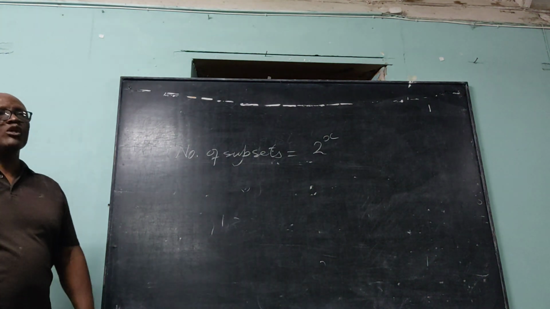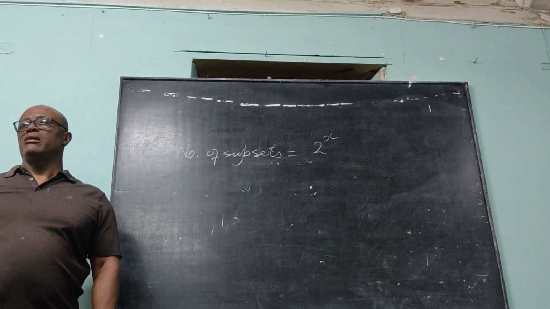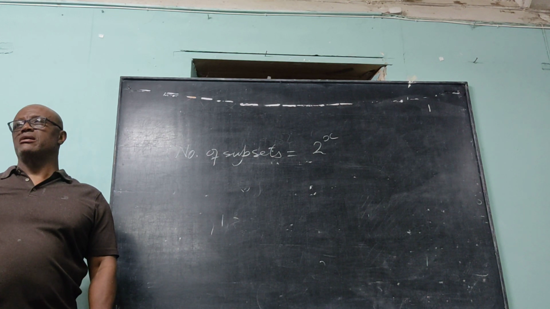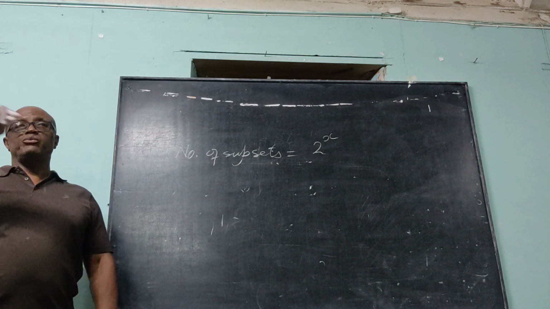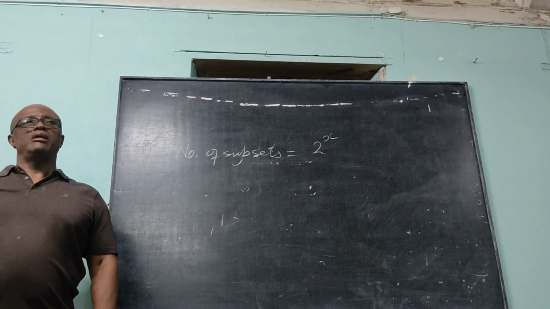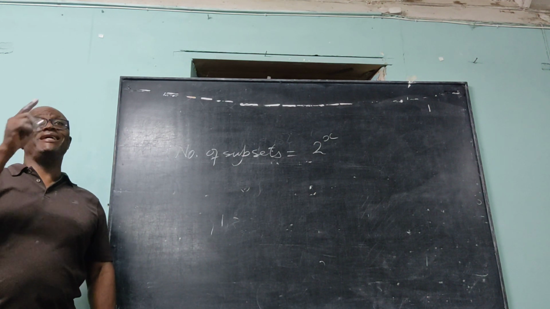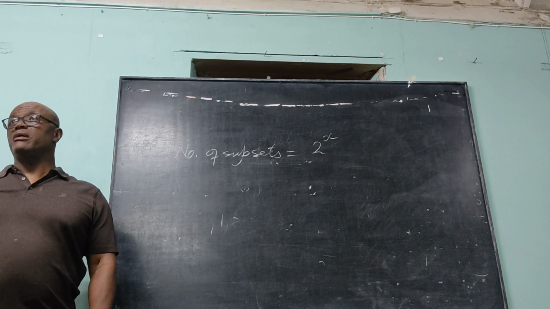What does x represent in the formula? X is a power, representing the number of elements in the particular set. Are you with me? Everybody's still not there.